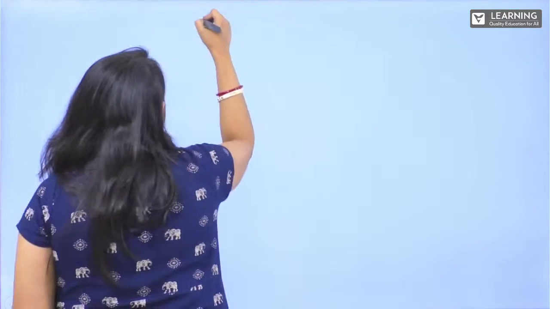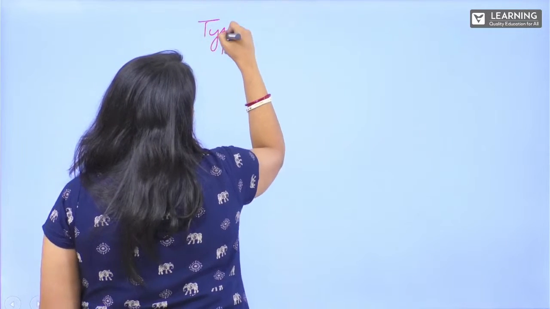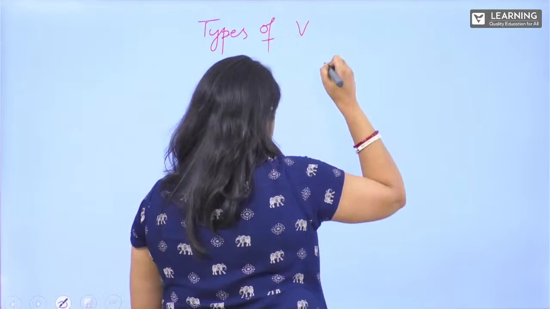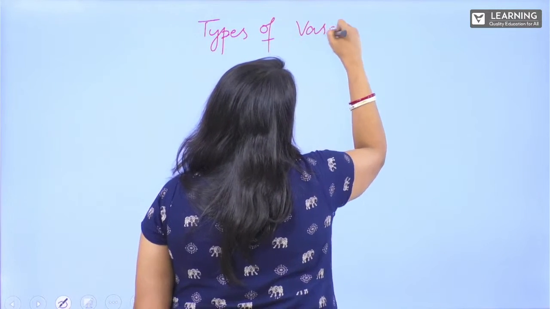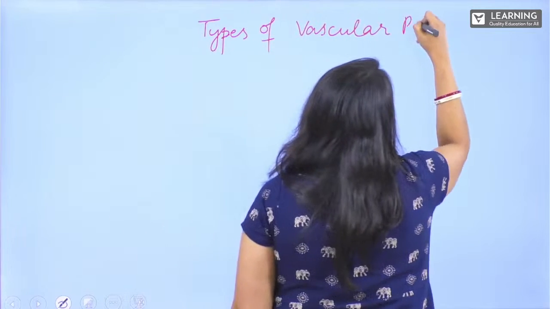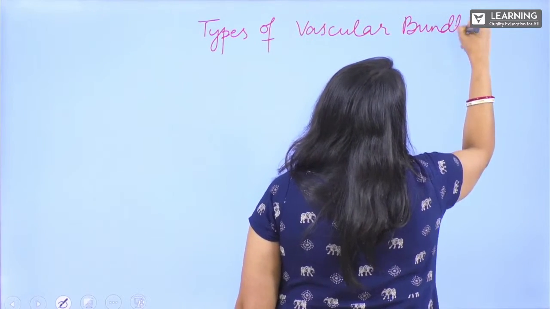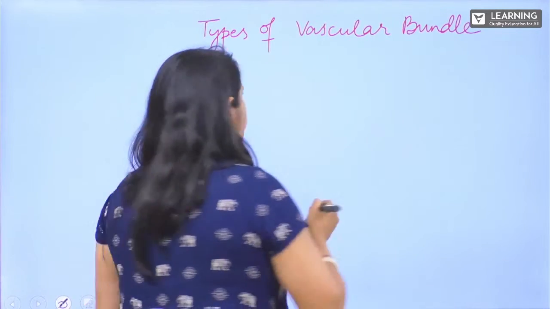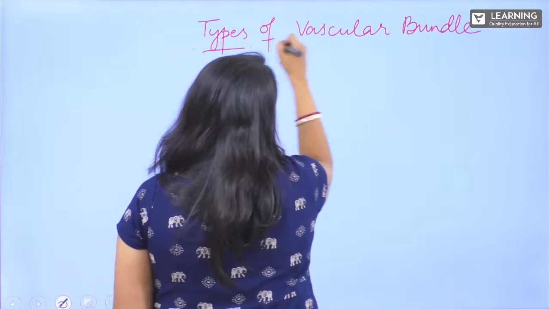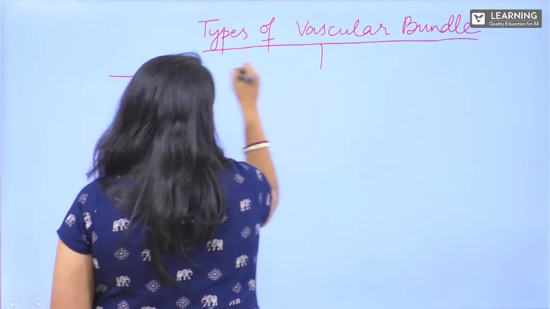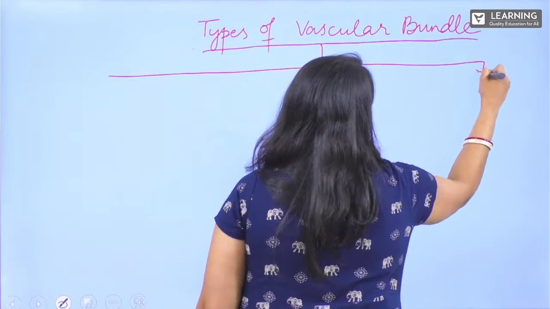So, the types of vascular bundle based on the arrangement of your xylem and phloem. If we see the various types, they are of three types. What are the three types?